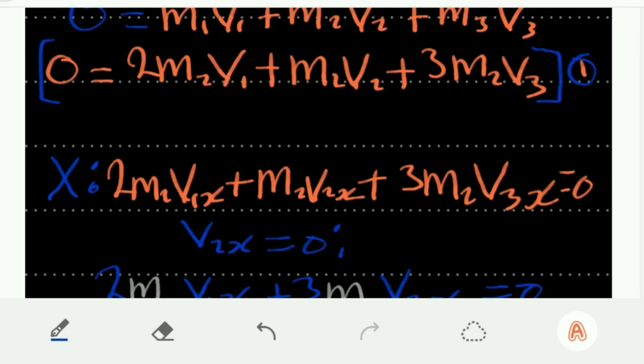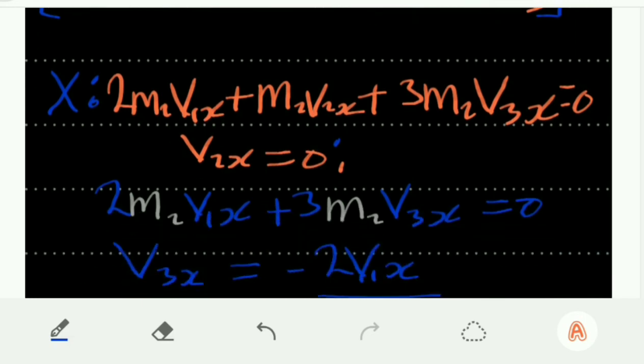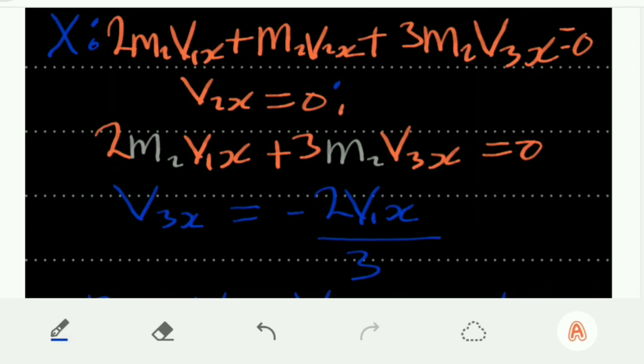We know that v2x is 0. Therefore this equation is going to be 2 m2 v1x plus 3 m2 v3x equals 0. Notice that m2 moves out of the equation here because it is common to both terms.